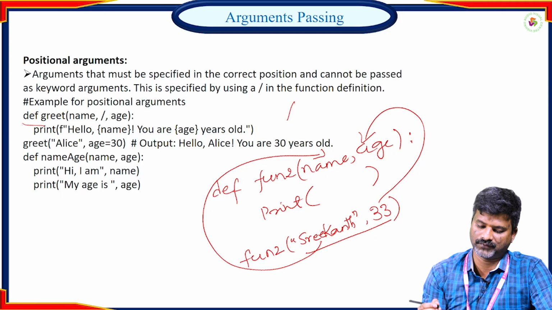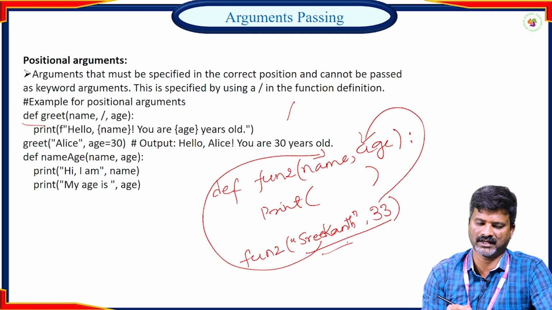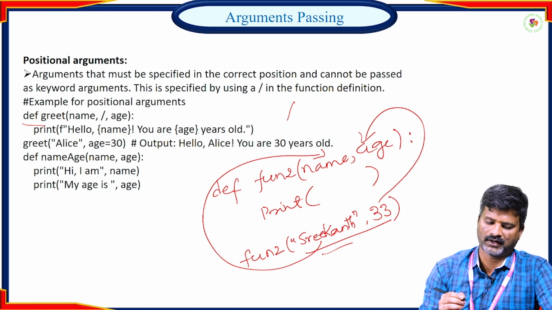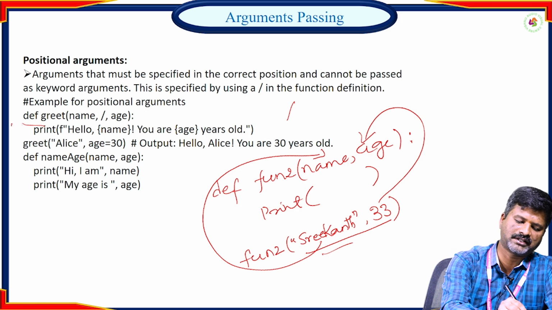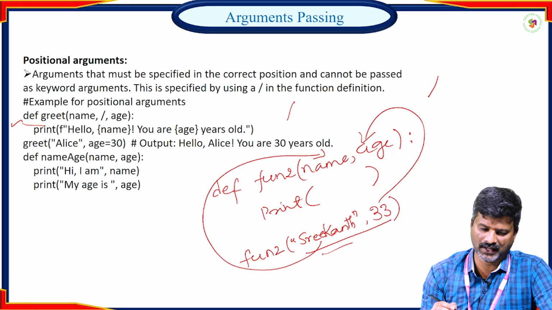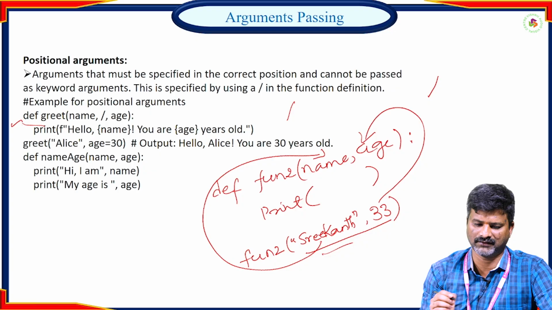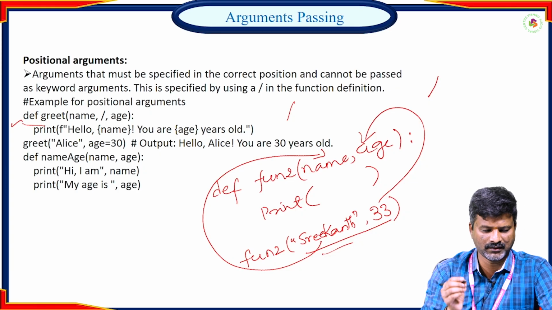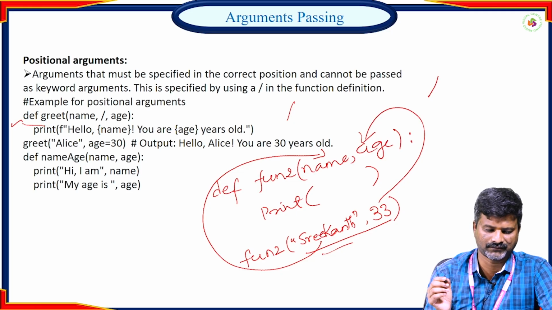Suppose you want to use both positional and keyword arguments within the same function. Then while defining the function, you need to use the symbol /. First you specify the positional arguments, and after that the keyword arguments.